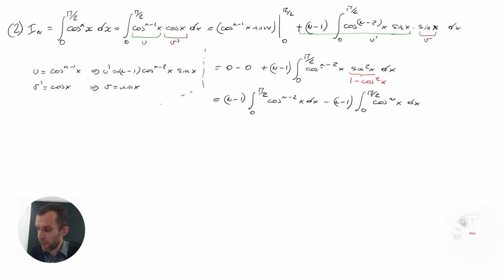So here I had an n minus 2, and then I had a squared, and n minus 2 plus 2 gives me my cosine n here.